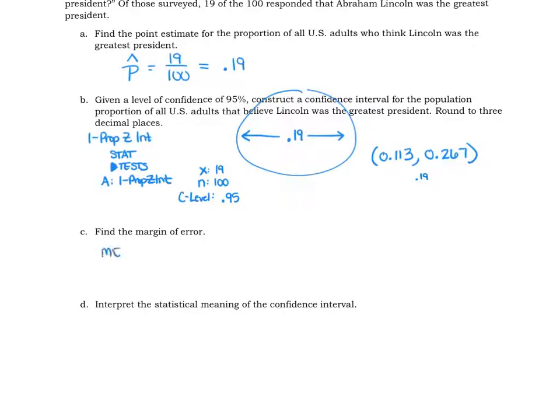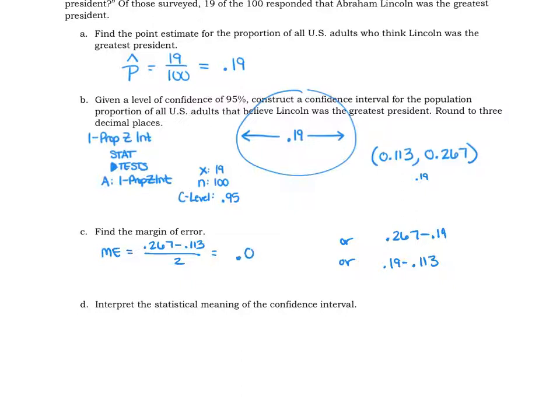So I'm going to give you 2 ways to do this. You can do 0.267 minus 0.113 divided by 2, and that'll work. Or you can do either 0.267 minus 0.19, or 0.19 minus 0.113. Any of those three makes no difference to me.